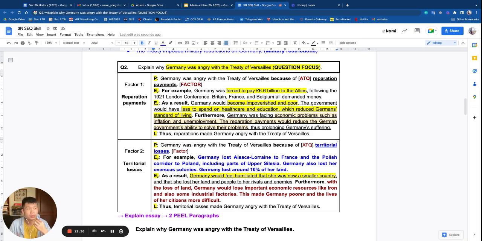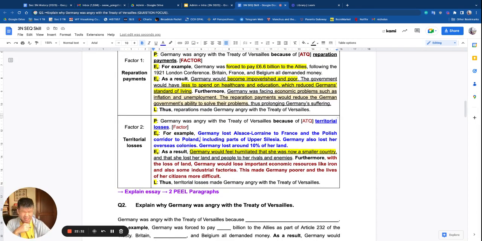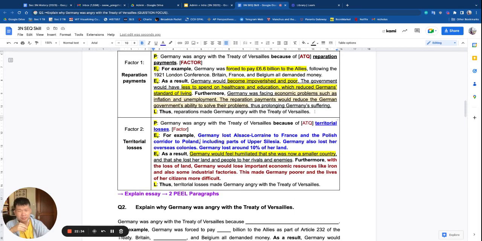I hope it flows. If you have a question about the link, it is really just repeating the point, repeating the factor, and repeating the focus. Thus, the factor, territorial losses, the focus, Germany angry. So the link is just repeating the factor and the focus.